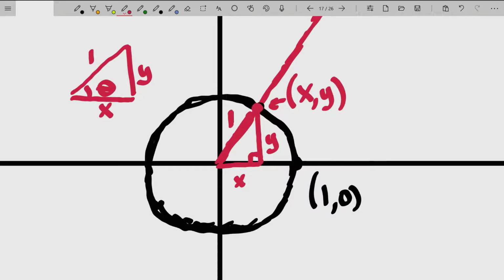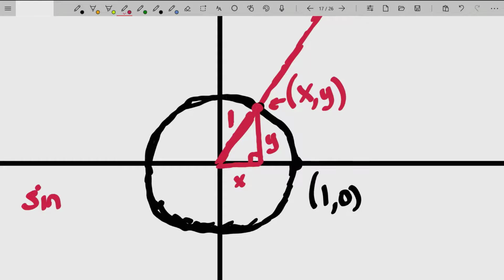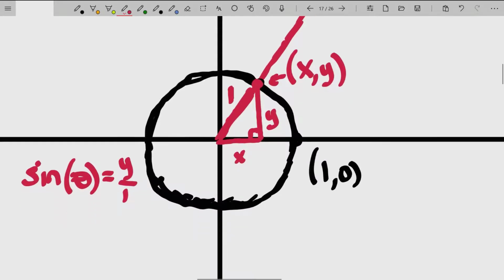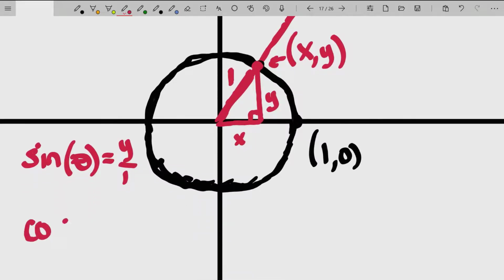And cosine of theta is adjacent over hypotenuse, x over 1, and so on and so forth. So again, for this unit circle, which has this right triangle, we know that sine of theta is y over 1. And cosine of theta is x again over 1 if we looked at the right triangle.